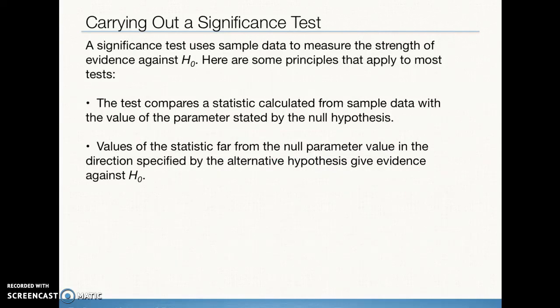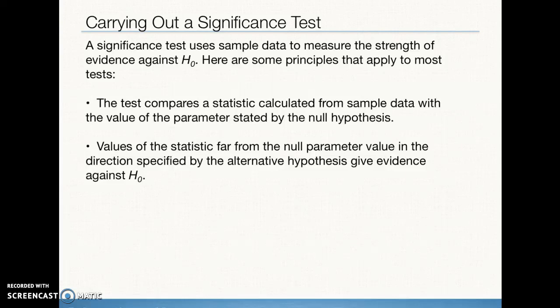Carrying out the significance test means that we're going to get a sample. The sample statistic, the p hat, is going to tell us how far away we are, or, well, calculating the test statistic will actually tell us in units of standard deviation how far away our sample value is from our stated hypothesis value. That's going to allow us to either reject or fail to reject the null hypothesis.